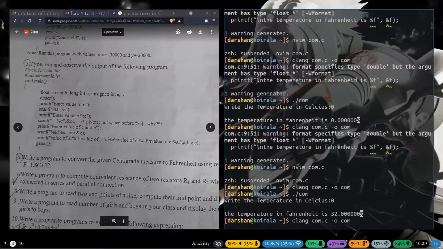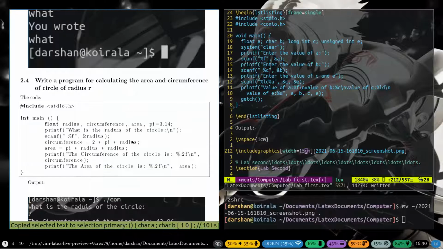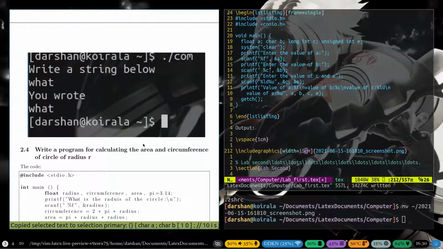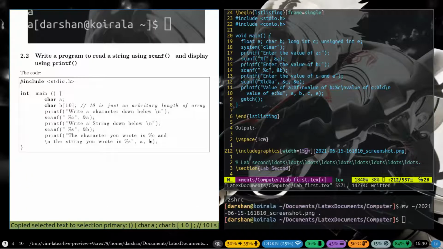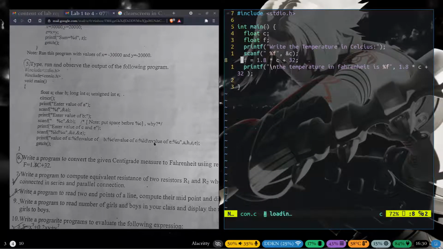Why wasn't it working the other time? Well, let me see. Area is equal to this times that thing, and times C. It is gonna have the same C.